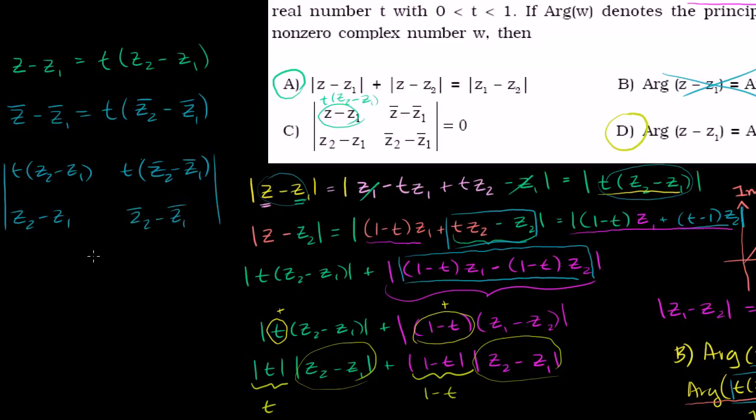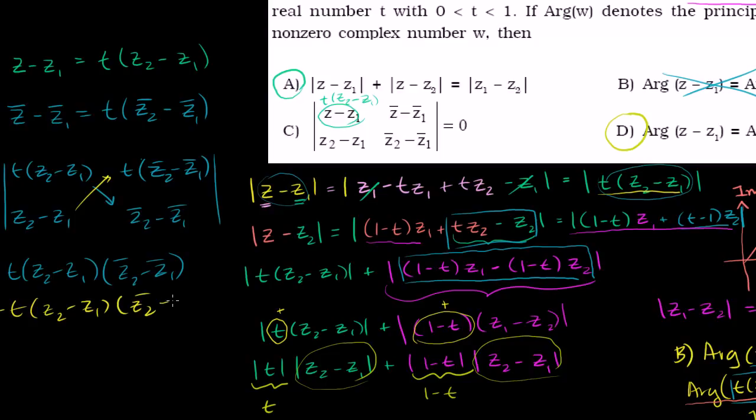And so what is this determinant? It's going to be this times this. So it's t times z2 minus z1 times z2 minus z1 times the conjugate of those. So it's that times that minus this times this. So minus t times z2 minus z1 times the conjugate of z2 minus the conjugate of z1.